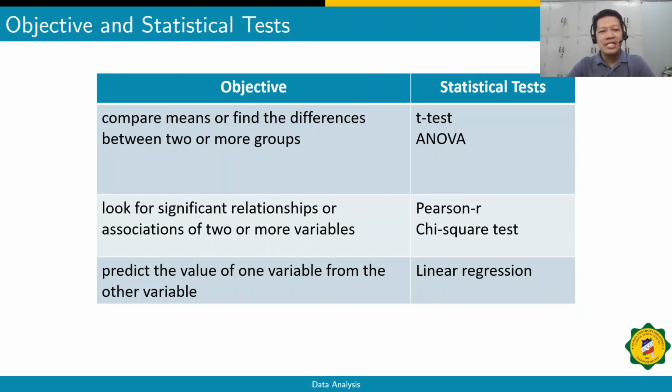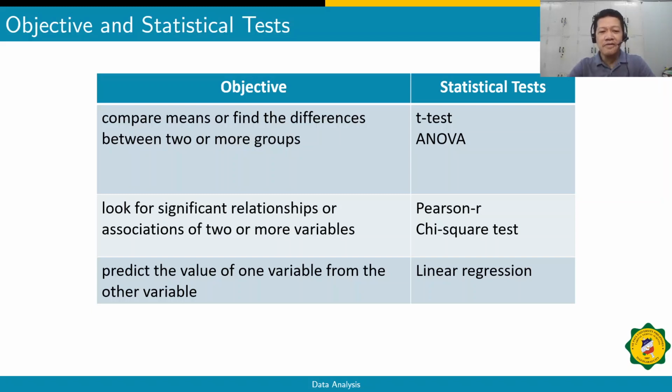Let us now align some objectives of your research with those of statistical tests. Let's say, for example, you want to compare means or find the differences between two or more groups. Possible statistical tests to be used in your study will be t-test and ANOVA.